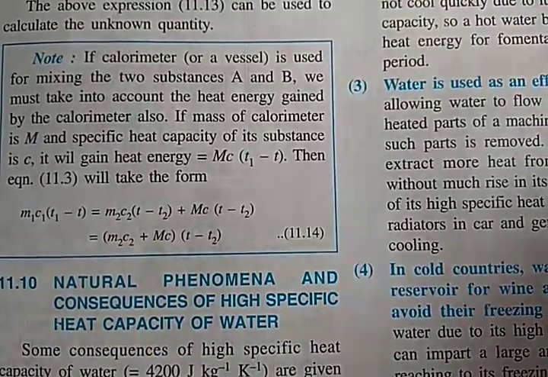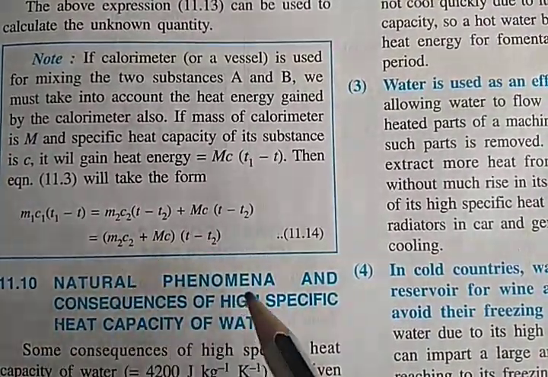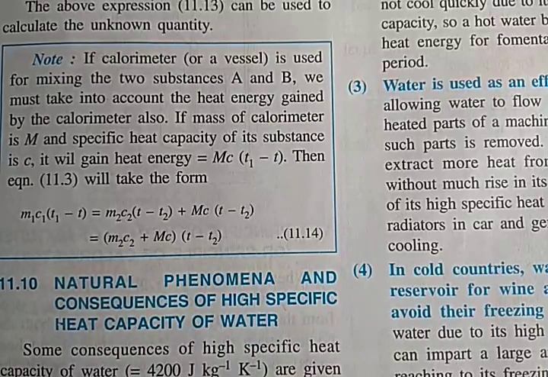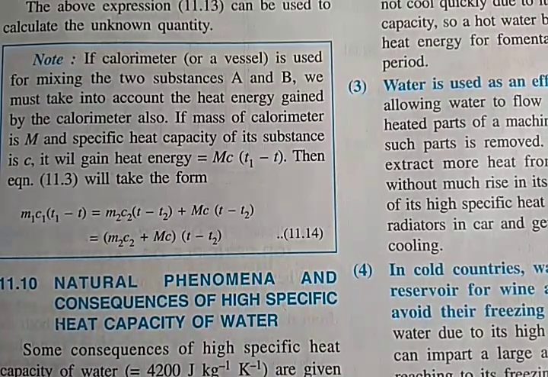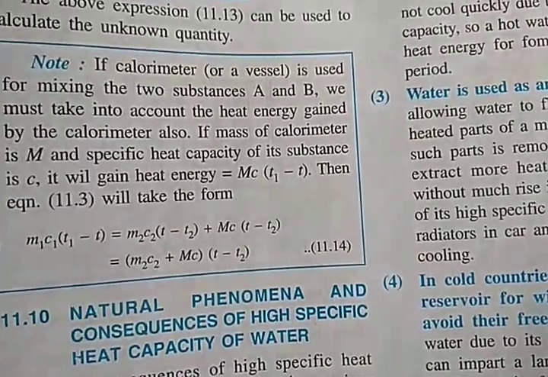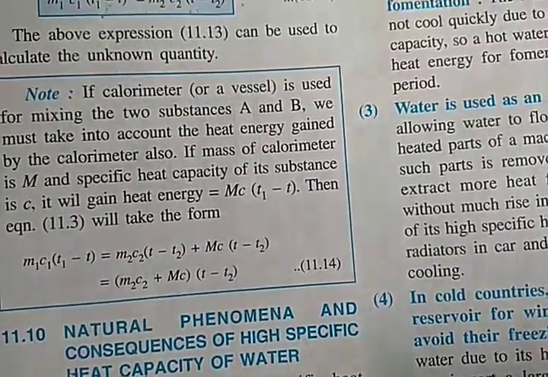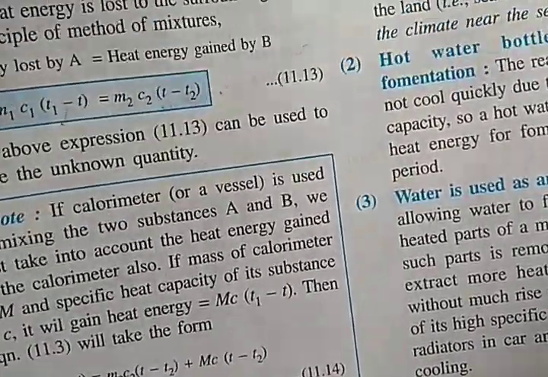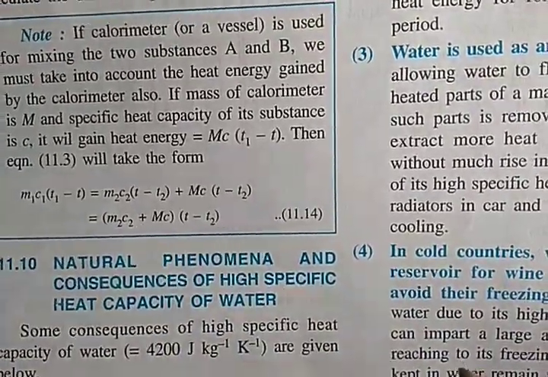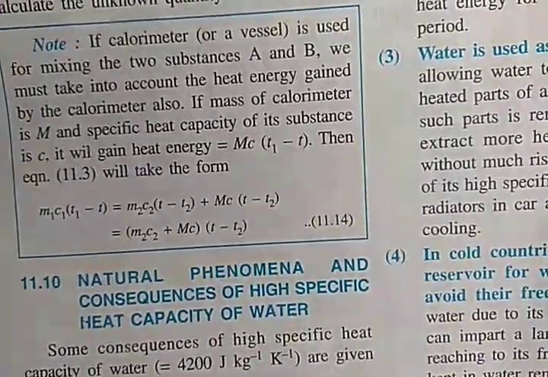Now there are some consequences of the high specific heat capacity of water. Water is one substance which has a very high specific heat capacity, which is 4200 joule per kilogram per Kelvin.